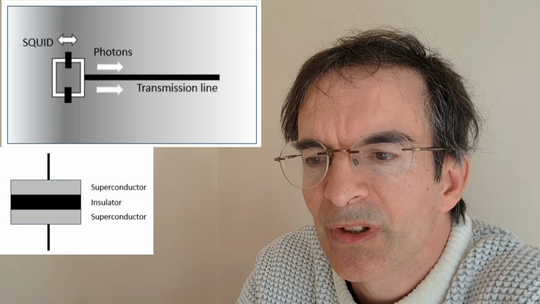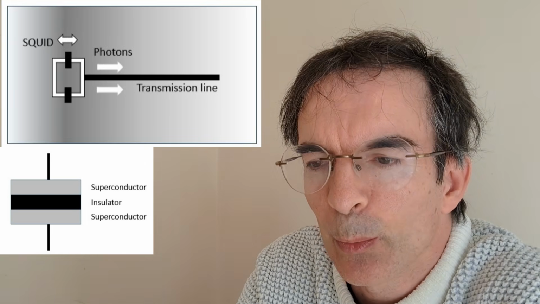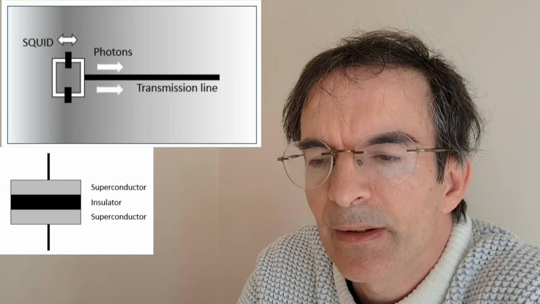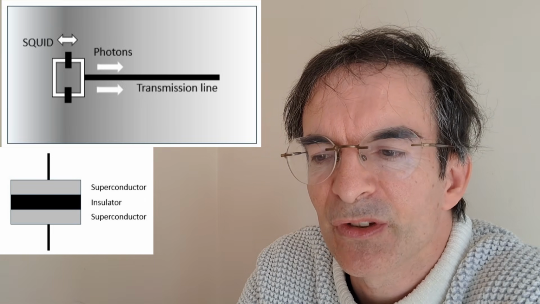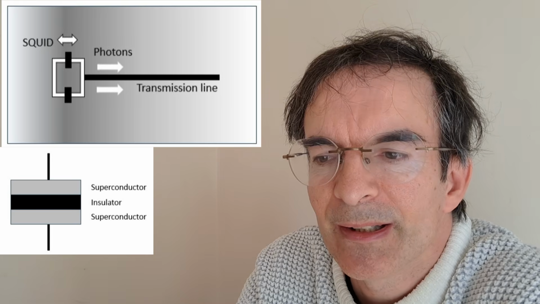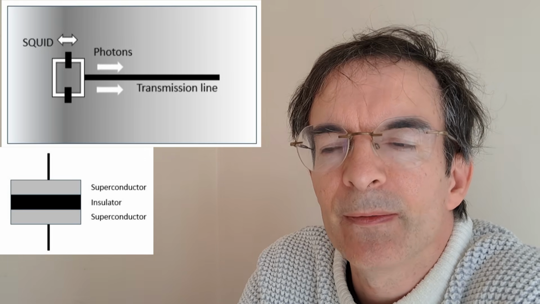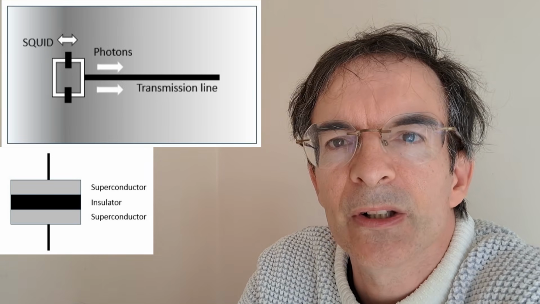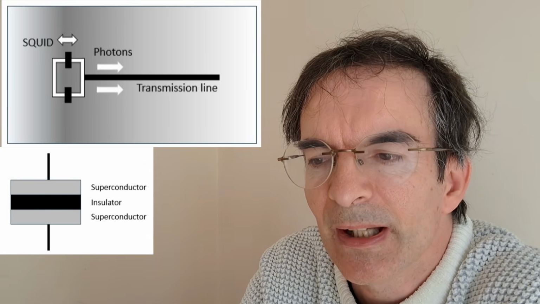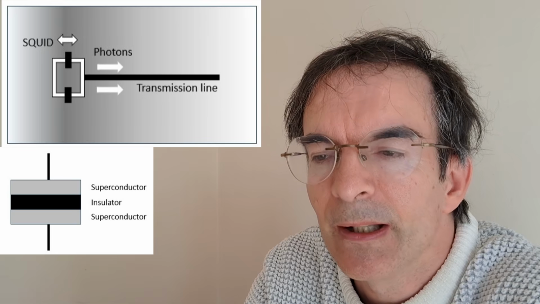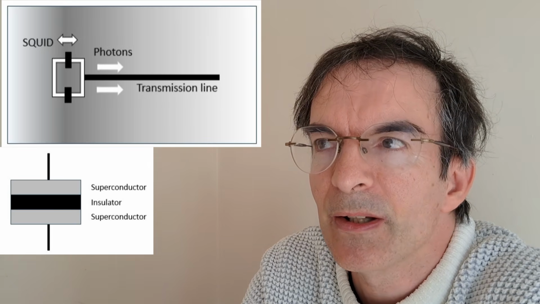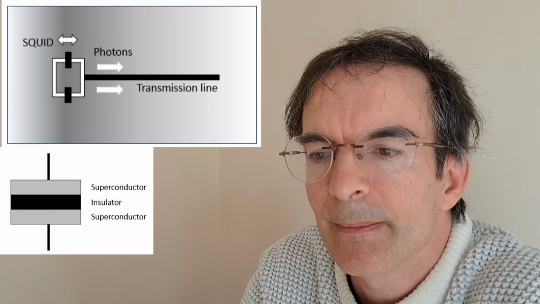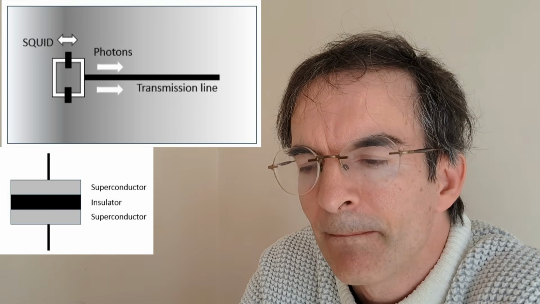So Wilson set up this system with the loop and the Josephson junctions, and then they varied the magnetic field across the SQUID so that this effectively varied the length of the transmission line. It varied the inductance of the system and effectively the length of the transmission line. This was a way to mimic the fact that you're moving a metal plate very fast.